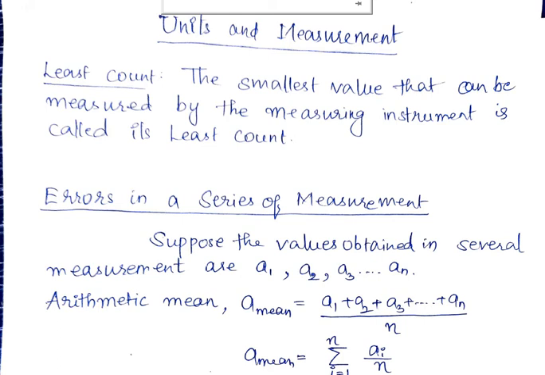So let us first find the arithmetic mean value. We add and divide by the number of observations we had taken. Suppose we are finding the time period of oscillation of a pendulum, then we repeat n times, and the mean is the arithmetic mean of the time period of oscillation.